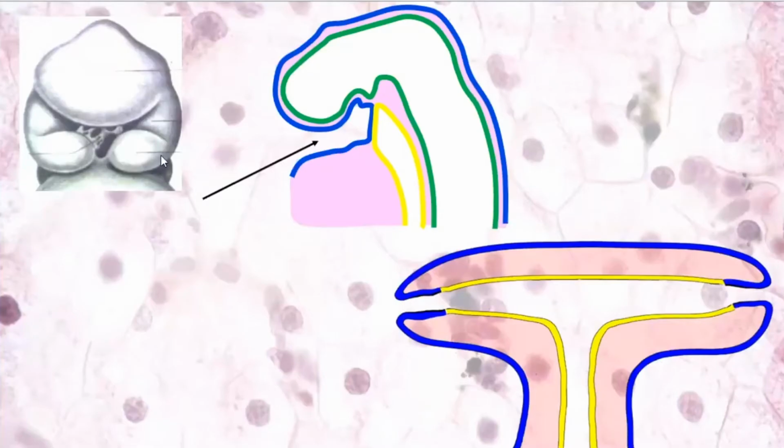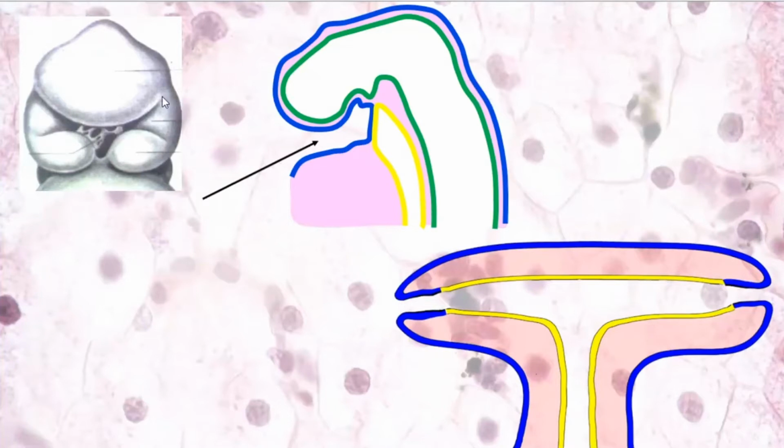Here we can see embryonic face, and here we can see strange appearance what we all had. Here we can see frontal prominence, and it's embryonic mouth or embryonic oral cavity.